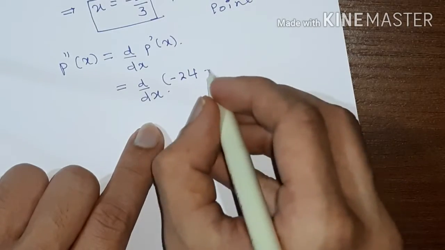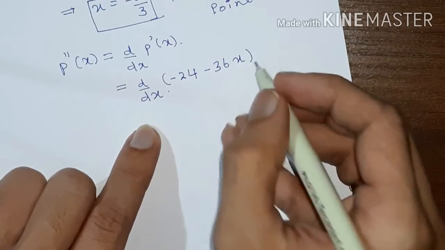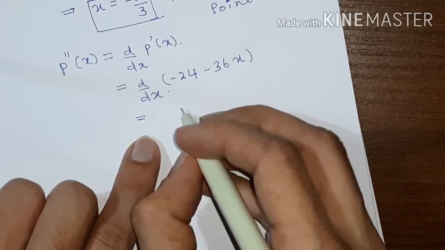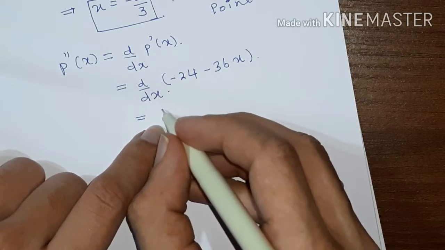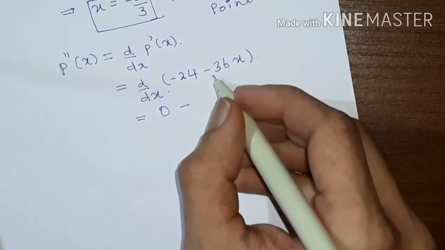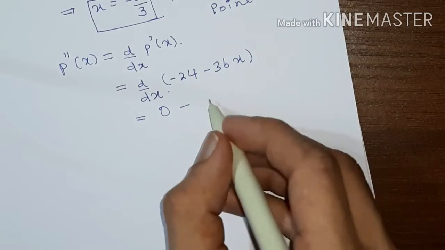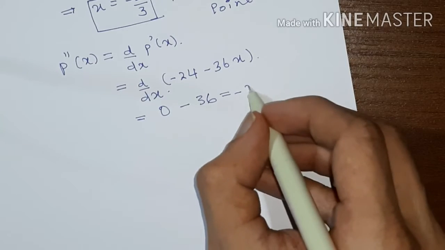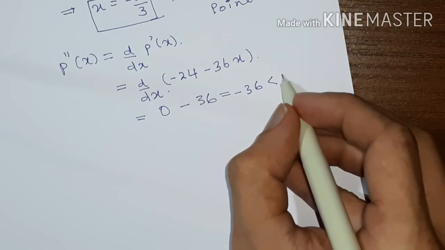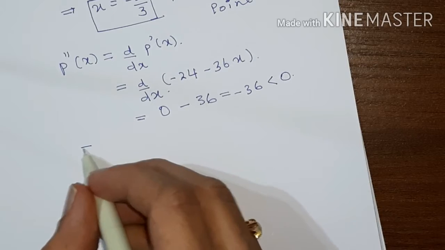The derivative of minus 24 is 0, and the derivative of minus 36x is minus 36, which is less than 0.